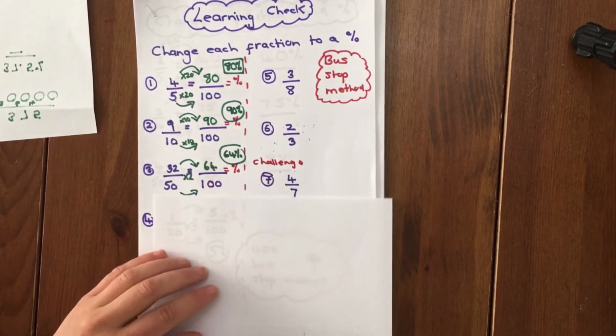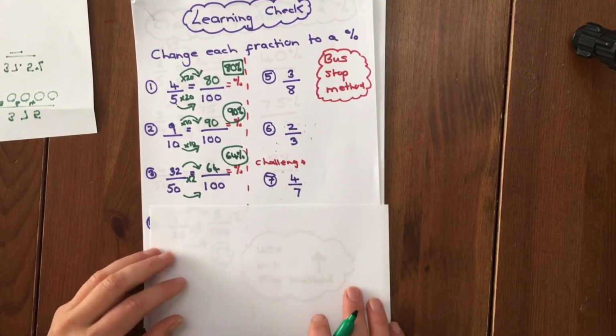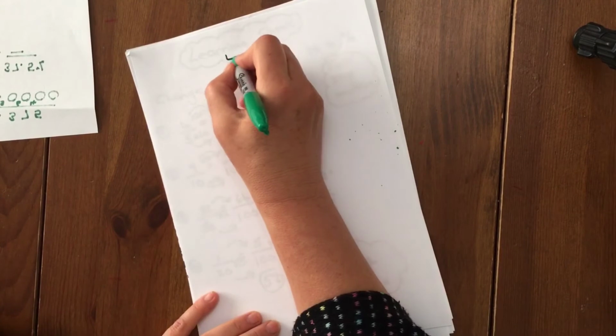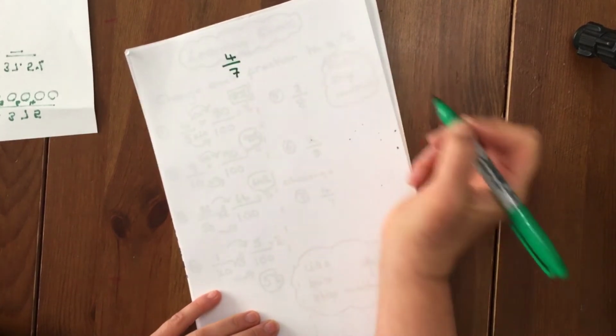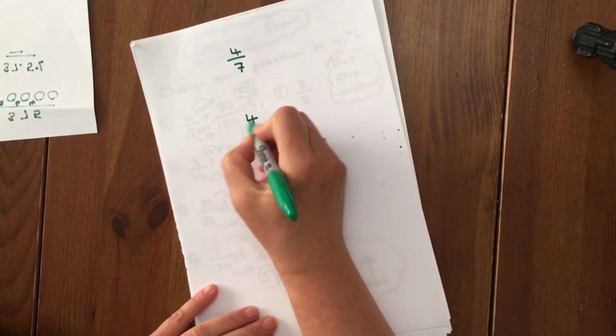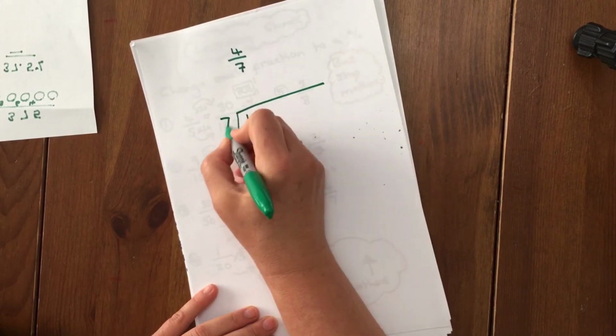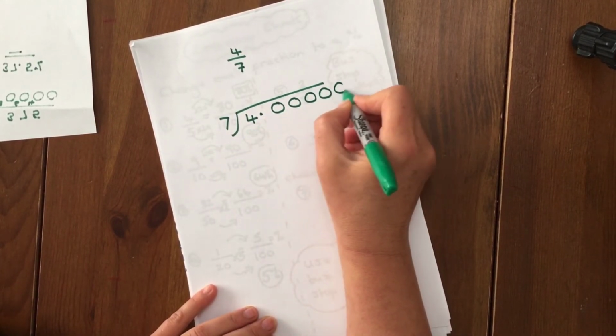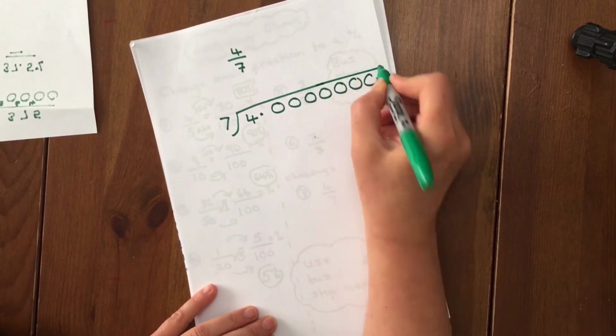And the last question, question 7. So if I'm looking at changing 4/7 into a percentage, I'm doing 4 divided by 7. Put some zeros down. Now I think this one goes a long way.